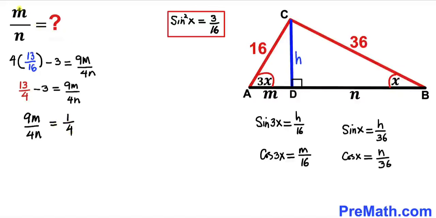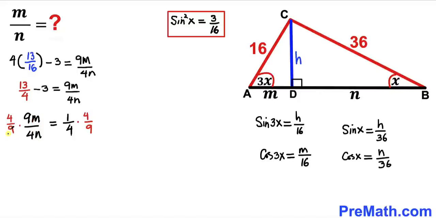And since we are interested in a ratio of m and n, so therefore we are going to multiply both sides by the reciprocal 4 divided by 9 over here and 4 divided by 9 over here as well to isolate m divided by n.